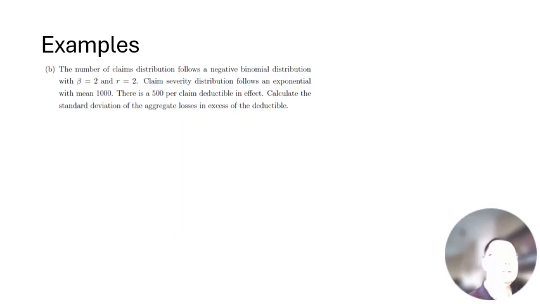So we are still using the formula from the previous page. The only thing is in this case there is a 500 per claim deductible. So let's write out the formula.